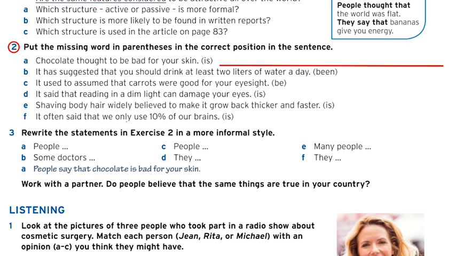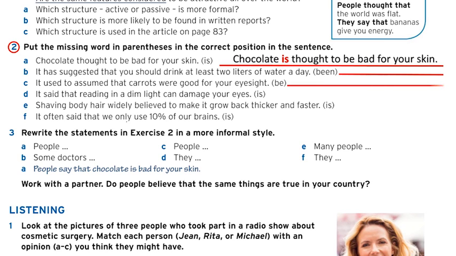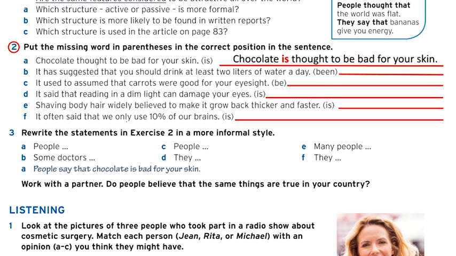So this is what we are looking for. Chocolate is thought to be bad for your skin. Okay, like this, complete the rest of the sentences. You just have to add the word that is in parentheses to the sentences. So do it, guys, and when you finish, we'll continue.